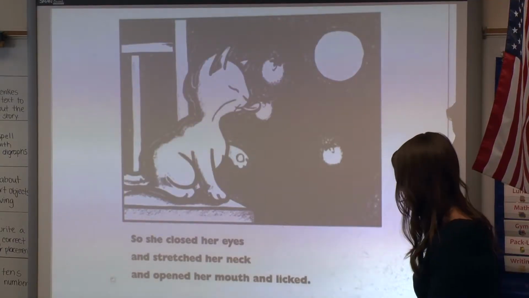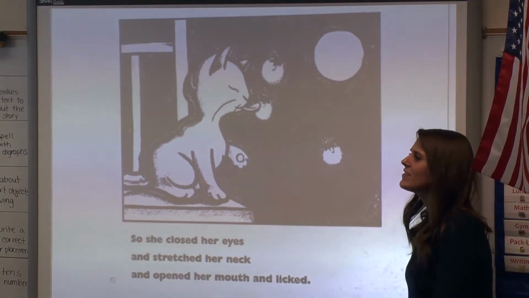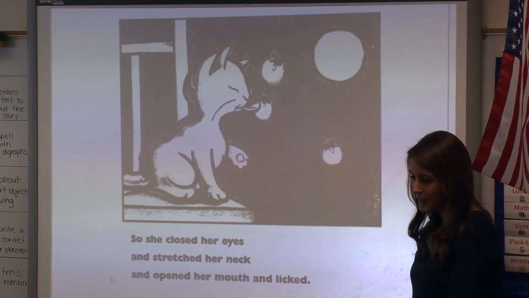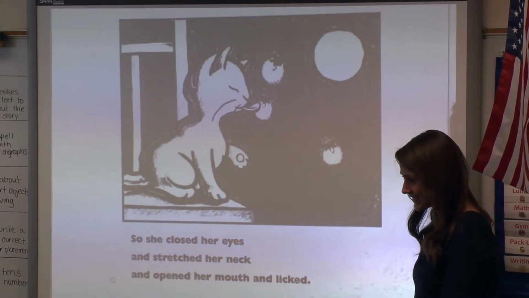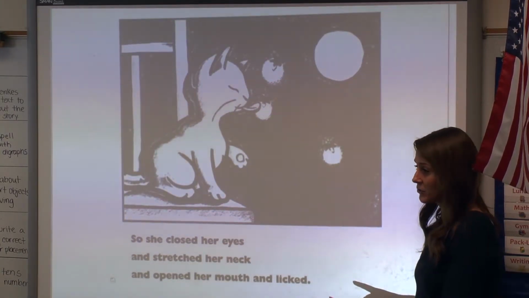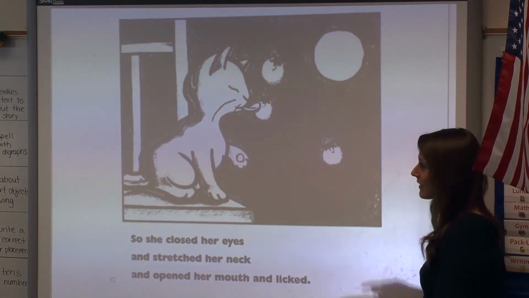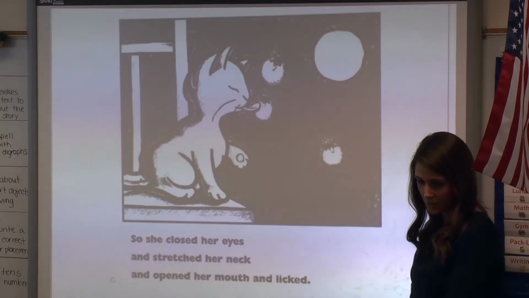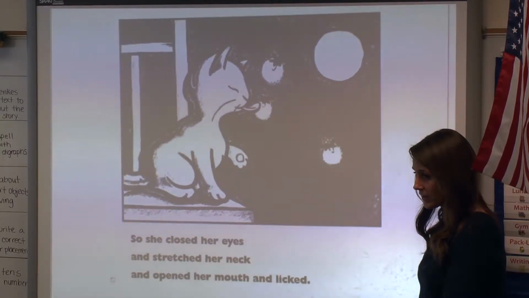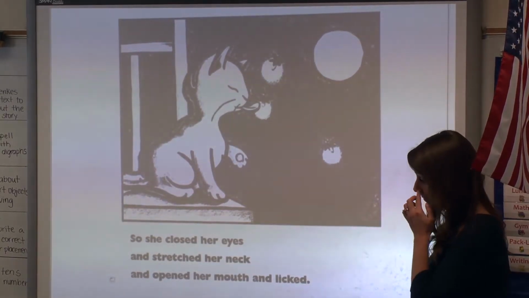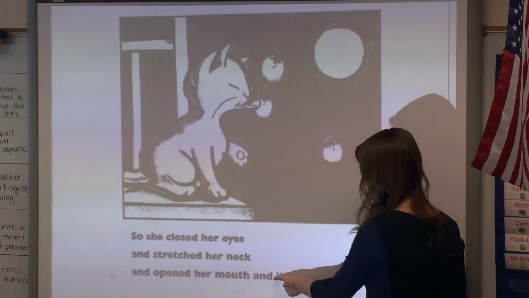So she closed her eyes and stretched her neck and opened her mouth and licked. What action words does Kevin Henkes use on this page to tell us how little kitten tries to get the milk? There's the action. Leah? She licked, so I'm going to highlight lick.